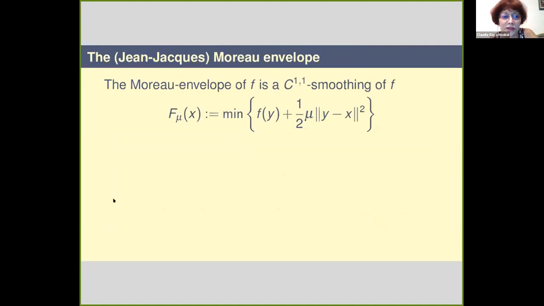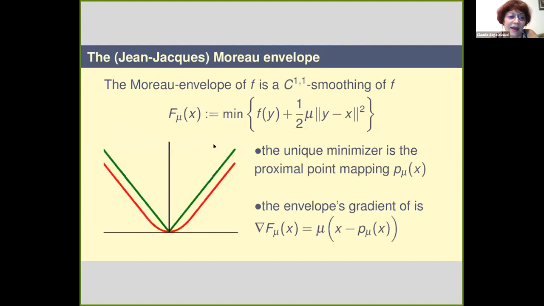Okay, how is it done? Let's fix notation. We have our function, a prox parameter mu, and this capital F will denote the Moreau-Yoshida or the Moreau envelope. This is the Huber regularization of the absolute value, which is nothing but the Moreau-Yoshida or the Moreau envelope of the absolute value function.